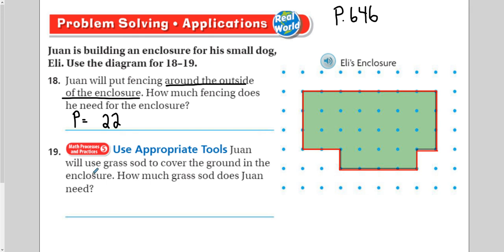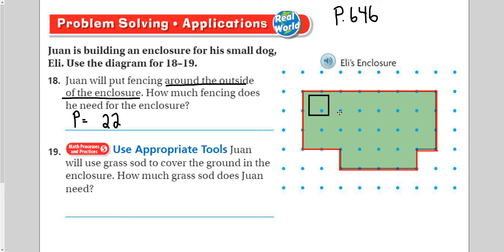Now, Juan will use grass sod to cover the ground in the enclosure. How much grass sod does Juan need? Well, grass sod is basically like squares of grass that are already grown, and all you have to do is put them together kind of like a jigsaw puzzle. So we would have these squares of grass.